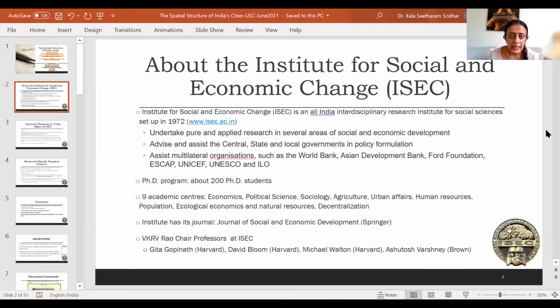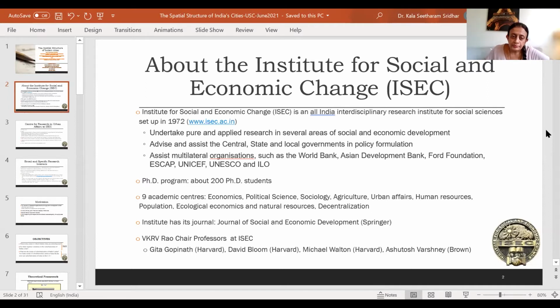And our flagship product is the PhD program, out of which about 250 PhD students have graduated thus far. And we have 9 academic centers. Mine is the Urban Center, on agriculture, urban, sociology, economics, political science, ecology, population, human resources, and decentralization. And the institute has its own journal, which is a Springer journal called the Journal of Social and Economic Development.